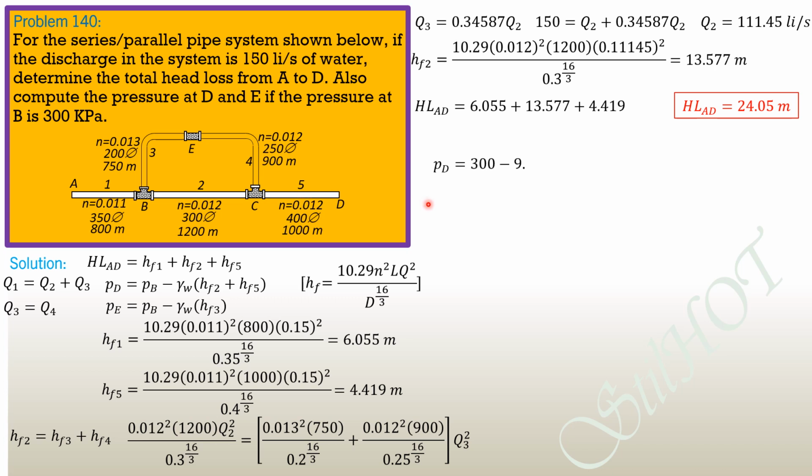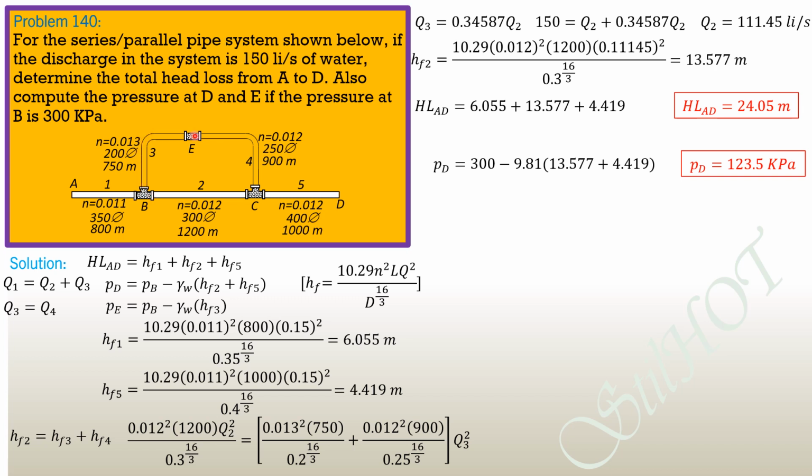So pressure at D is equal to 300 minus 9.81 times the quantity HF2 13.577 plus HF5 4.419. So pressure at D is equal to 123.5 kilopascals.